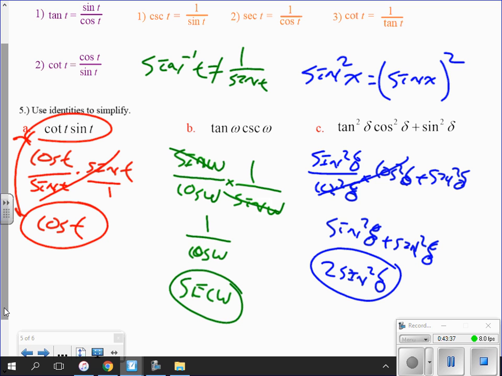Like I said, these will get much more complicated. When we get to them, I will show you tricks and tips on how to simplify them, how to change your identities. There are lots of tricks to them. I look at it as a puzzle. I want to get from point A to point B by making little changes along the way.